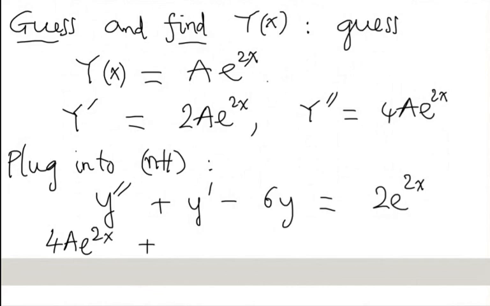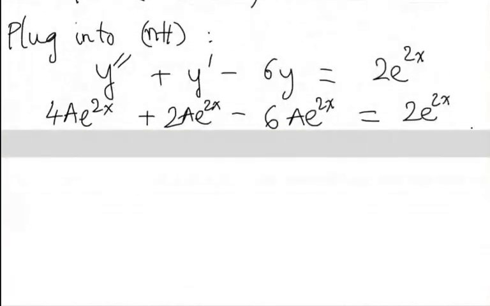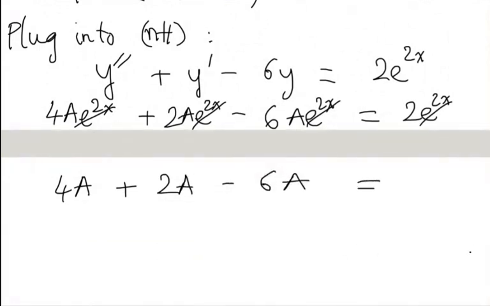First derivative plus 2A e to the 2x. And lastly, minus 6 times the function, which is 6A e to the 2x, equal to 2e to the 2x. As before, we'll divide through by e to the 2x to cancel this out. And what we get is 4A plus 2A minus 6A equal to 2.